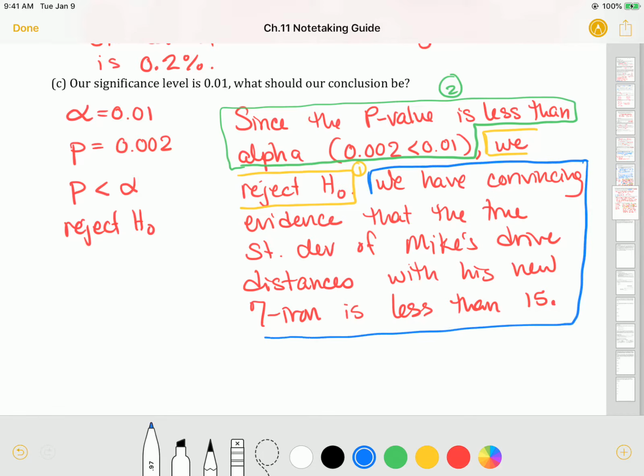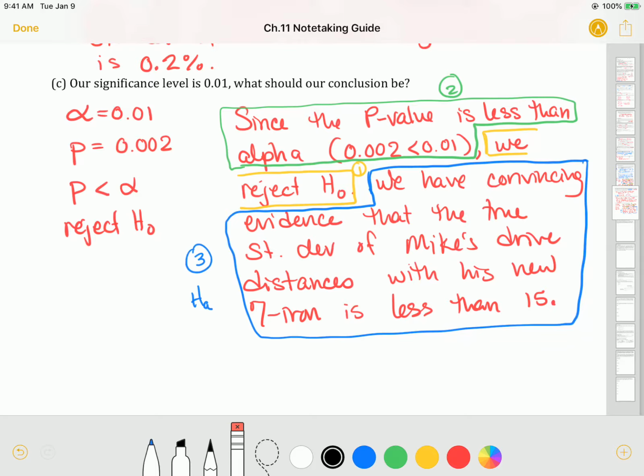This is our linkage that links to our alternative hypothesis. What is the conclusion based on the alternative hypothesis? That we have convincing evidence that the true standard deviation of Mike's distances with his new 7-iron is making him more consistent, or that it's less than the value of his old standard deviation for his drive distances.